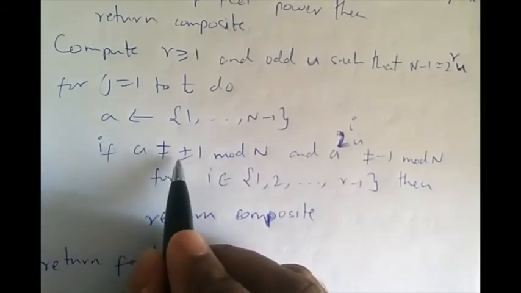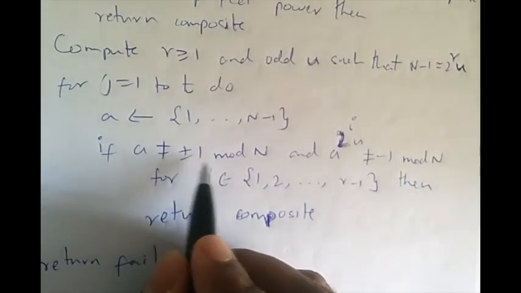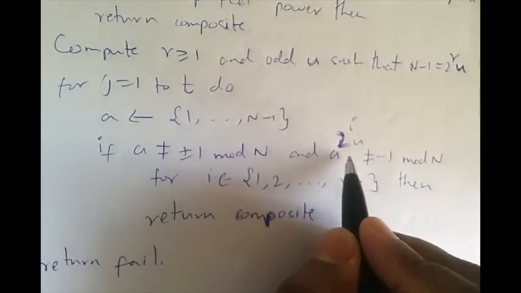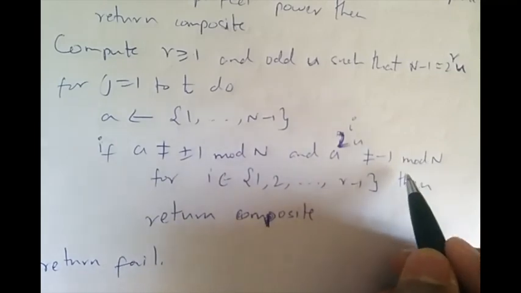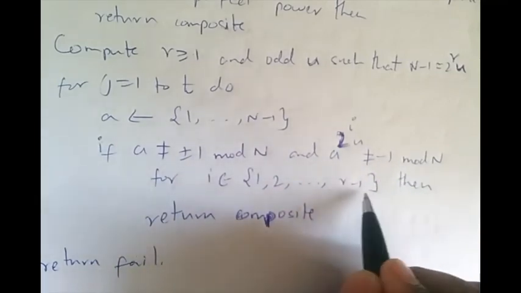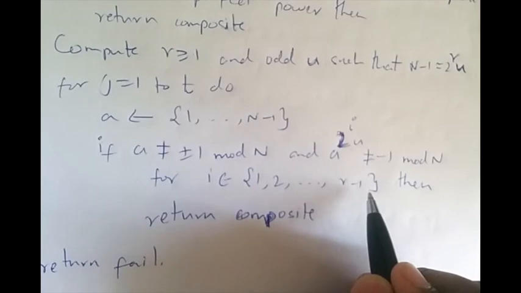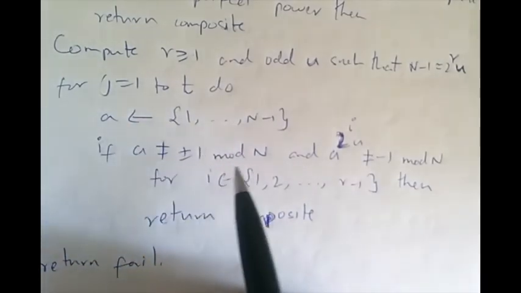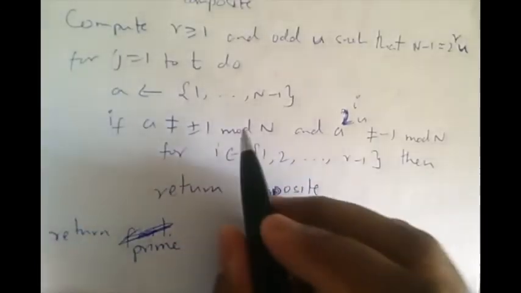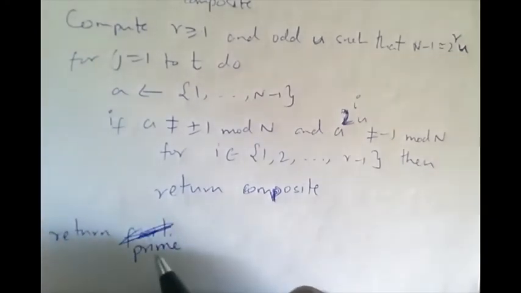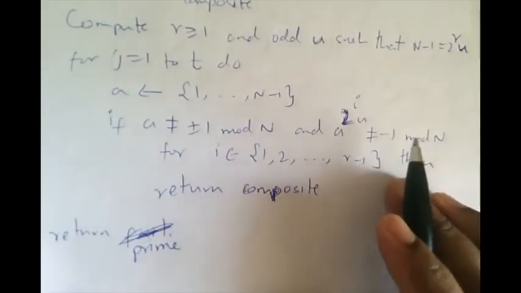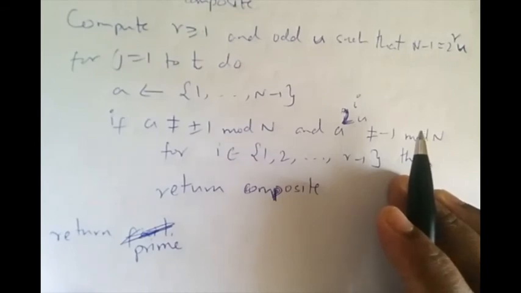So if a is not equal to plus or minus 1, and if a is not equal to 2 raised to u i minus 1 for all these i's from 1 to r minus 1, then you return composite. You run this for t trials, and if in all these t trials we don't return composite, then at the end of the t trials you return prime. So that is the Miller-Rabin test.